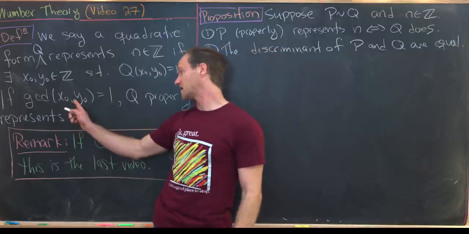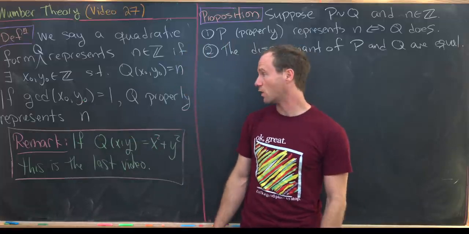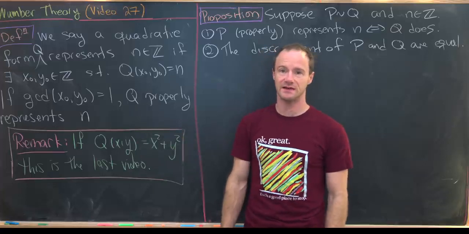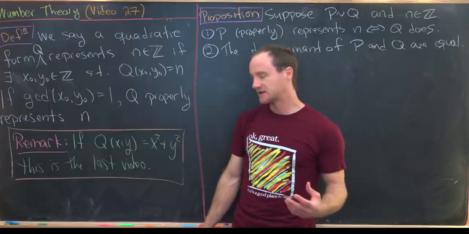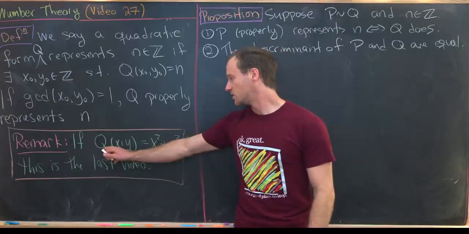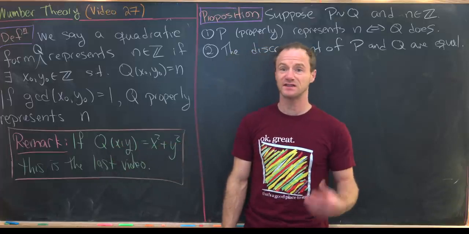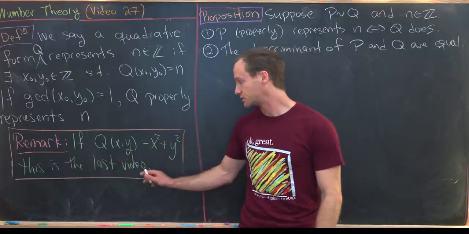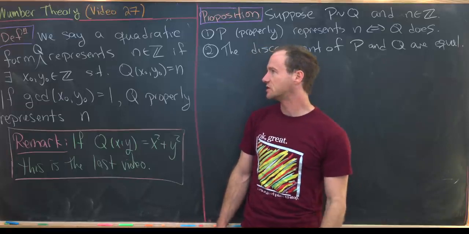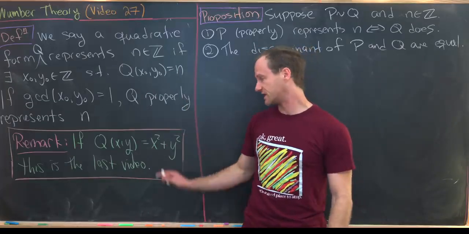Furthermore, if x naught and y naught are relatively prime, in other words, their GCD is 1, we say Q properly represents n. Now I want to notice that in the case of the simplest quadratic form, Q of x, y equals x squared plus y squared, this is the sum of two squares problem, which was covered in the last video.